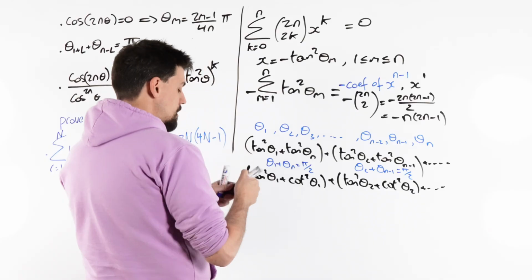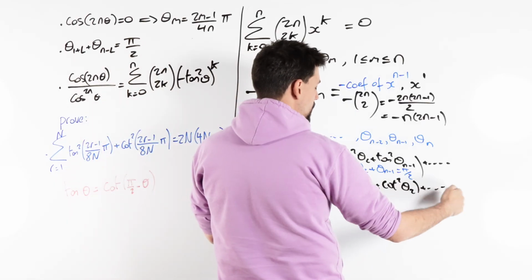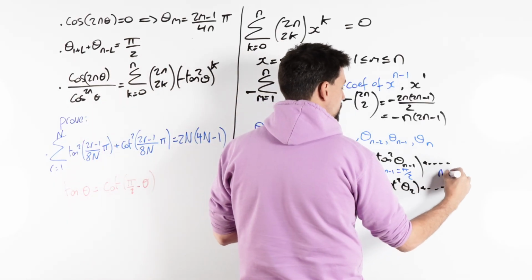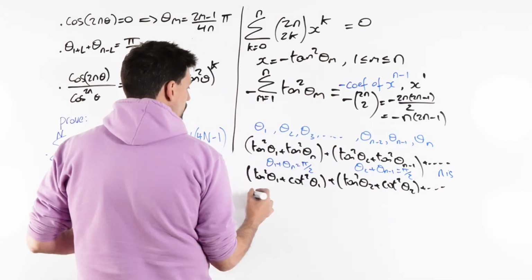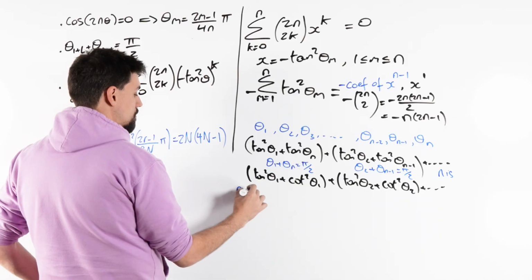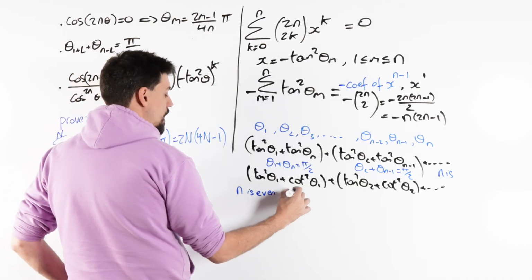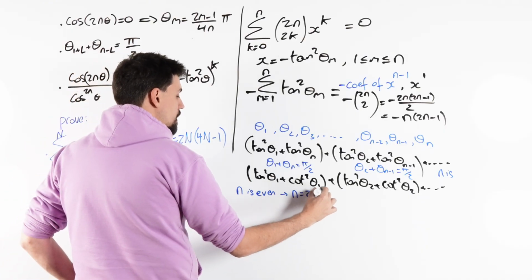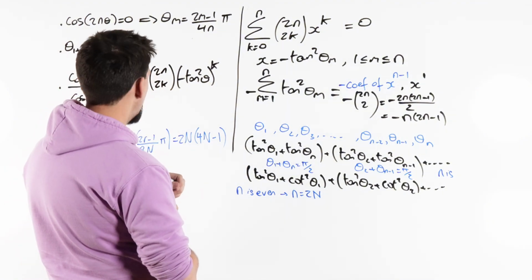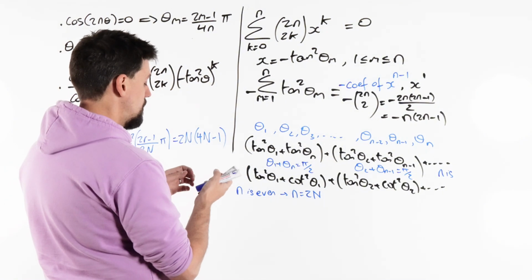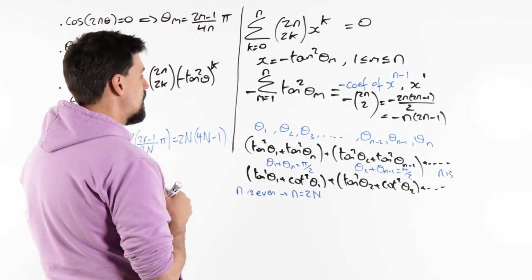Now, let's take n to be nice and even, so that we've got a nice even bunch of stuff here. So we'll take n as even, i.e. n is 2N. And this will give me the result that we want.